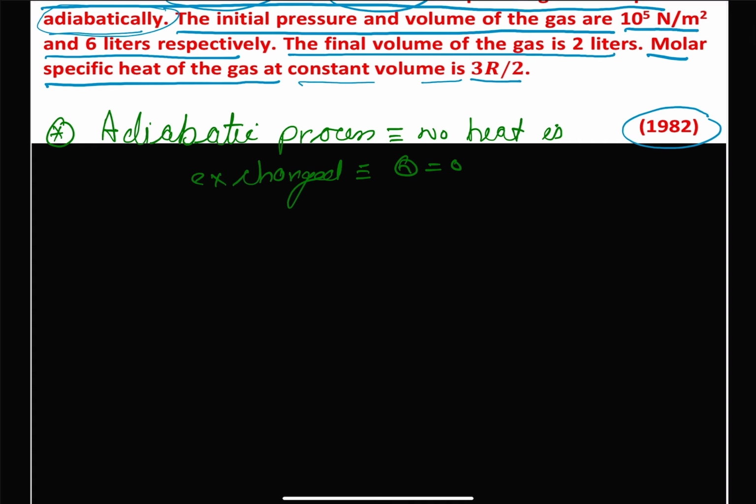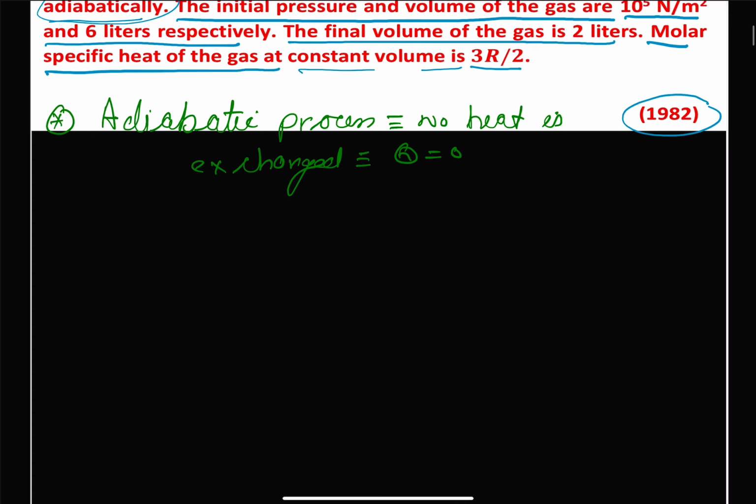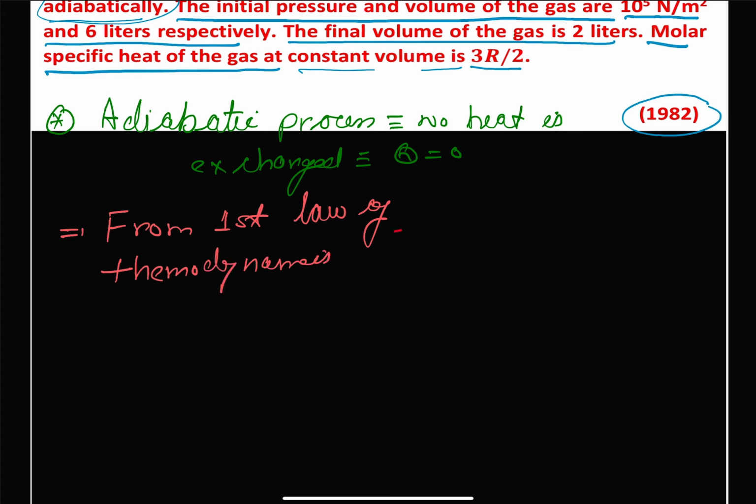Therefore, from the first law of thermodynamics, we can say our delta U will be equal to negative of W, where W is the work done.